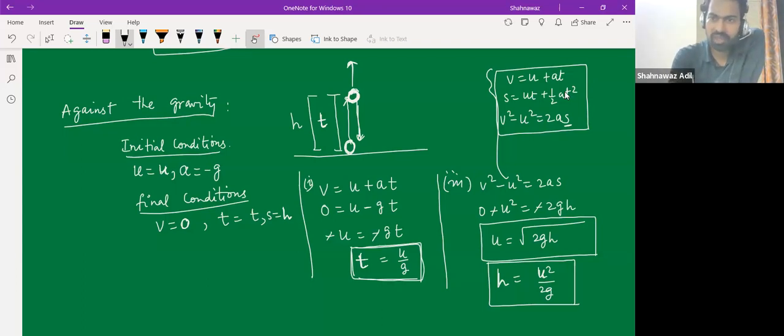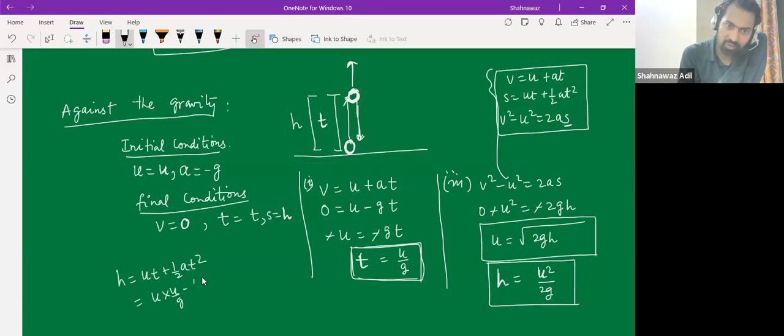We can also see from here that whenever we plug in the value of t, h is ut plus half a t square. And we know that t is u by g. So this is u times u by g, and this is minus g, right?